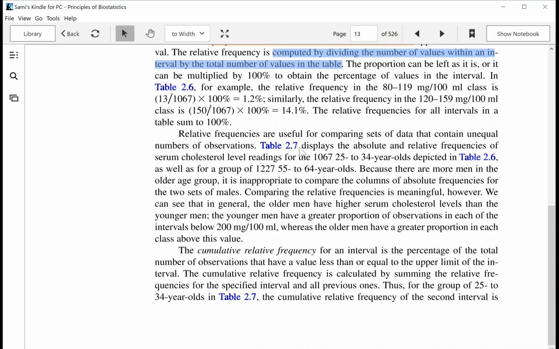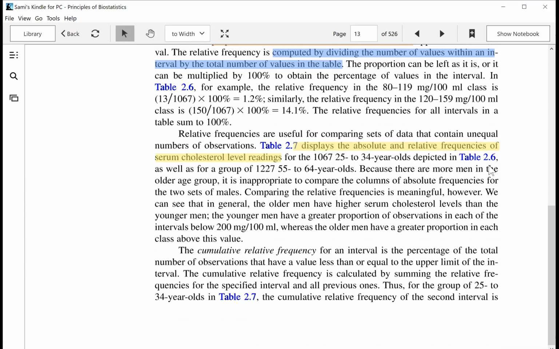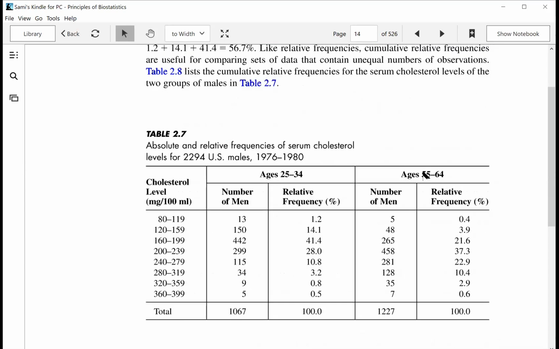Table 2.7 displays the absolute and relative frequencies of serum cholesterol level: number of men, relative frequency.